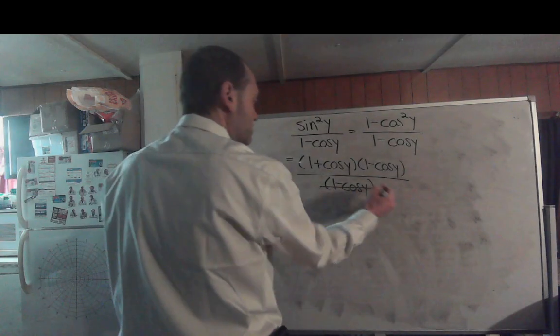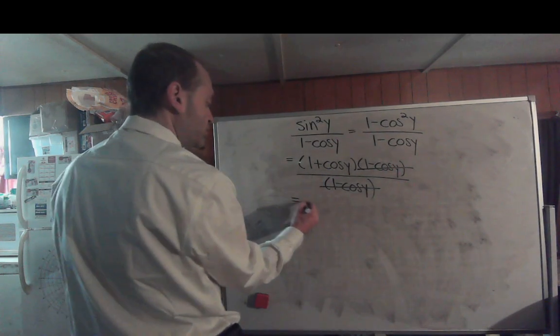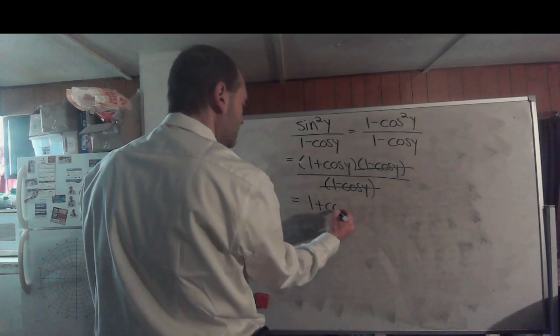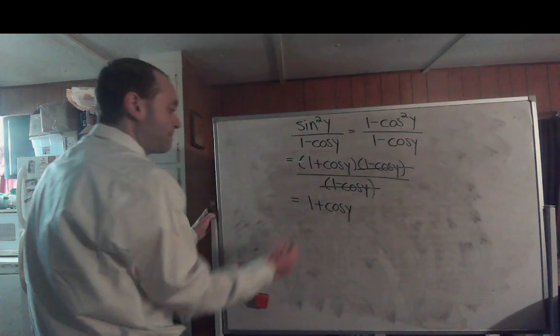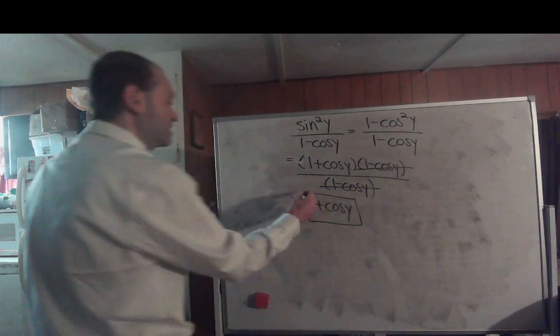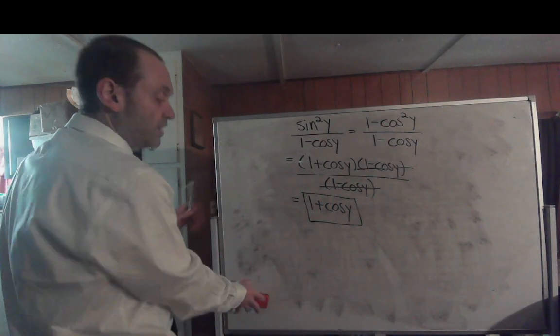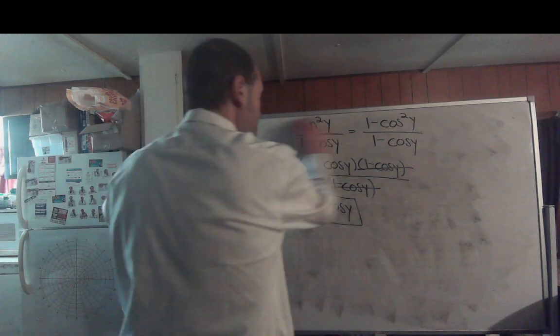Well, the 1 minus cosine of y's cancel out. This should literally simplify into 1 plus the cosine of y. And these simplification problems in general are very useful in calculus, especially with the integration parts.